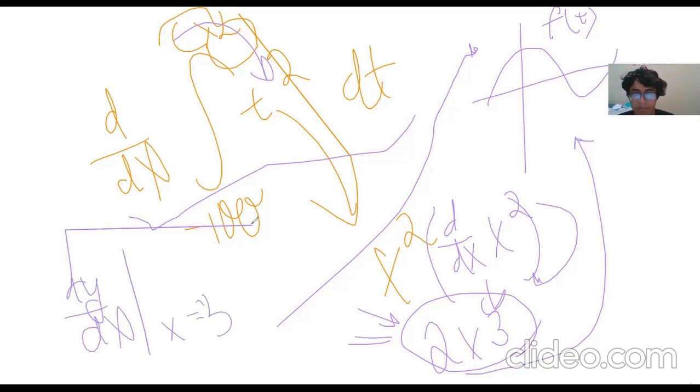You're not going to plug in the 3 first and then take the derivative of whatever was the result, because that would give you 0 every single time, right? Because if you plug in 3, you're getting this constant value, and then you're taking the derivative of a constant, you're getting 0. So the idea was always first take the derivative to get the derivative function and then plug in the x. And this is a very important thing that almost confused me a couple times in the class.